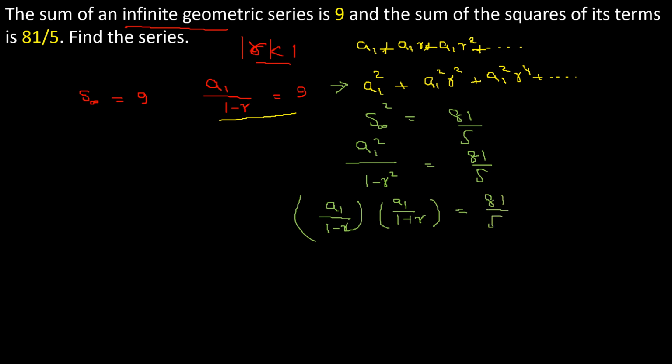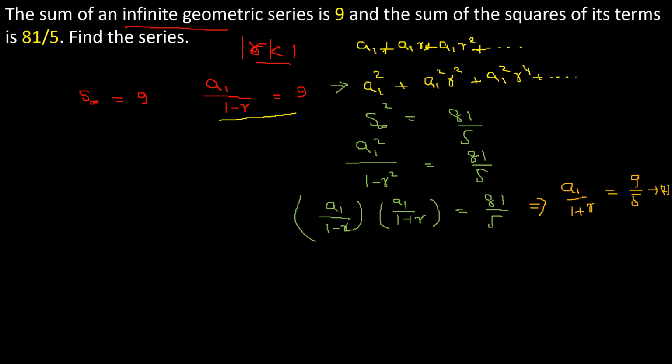So you know that this a1 over 1 minus r is 9 here. So we can plug this in, which makes the whole equation equal to a1 over 1 plus r, and dividing on both sides, it makes it 9 over 5, right? So this is another equation.